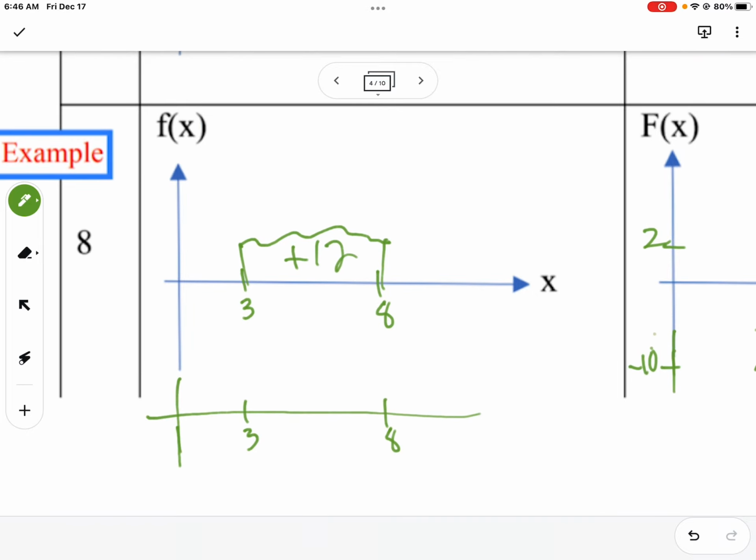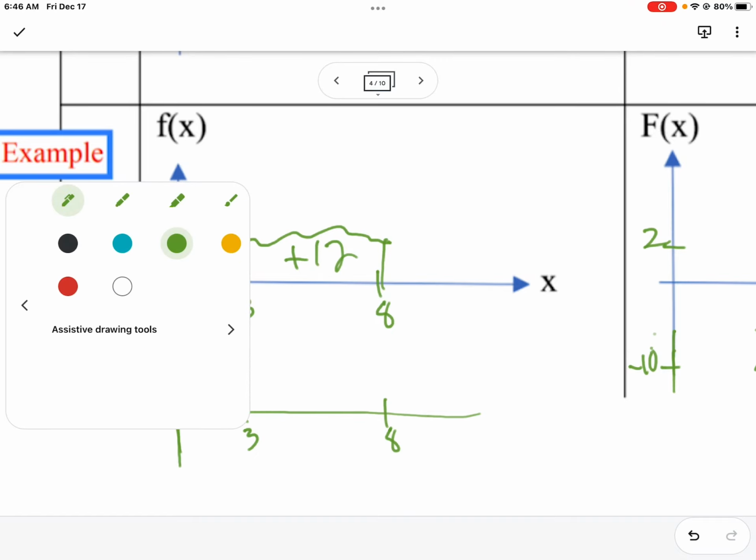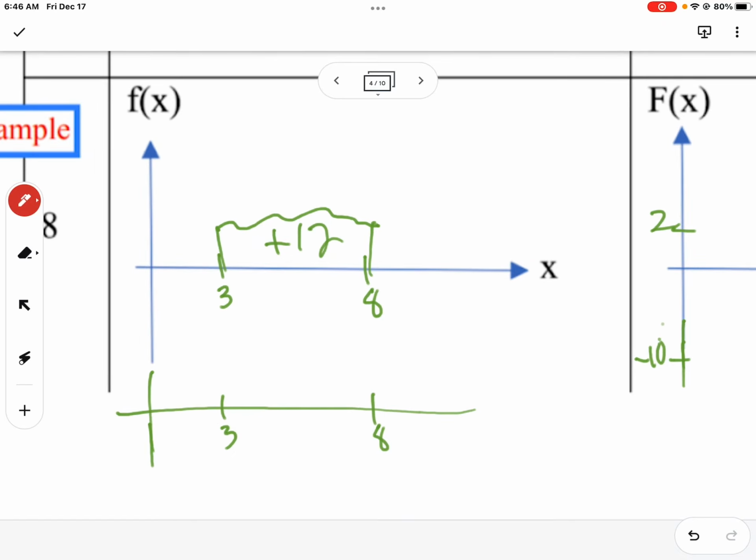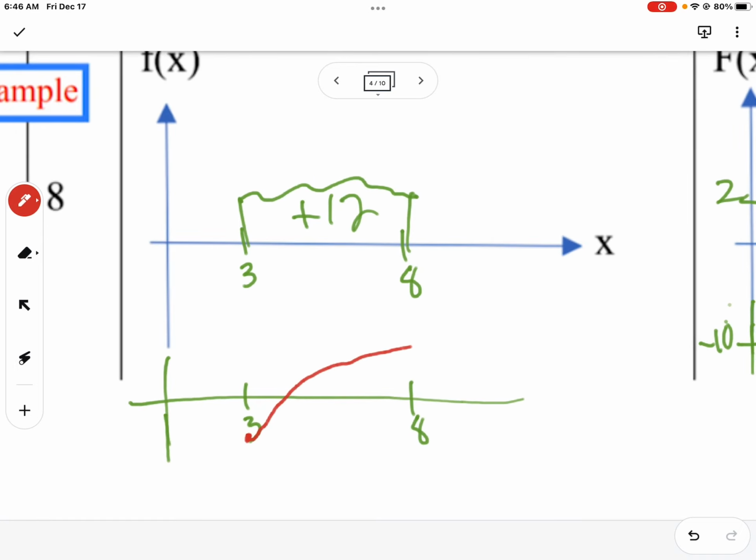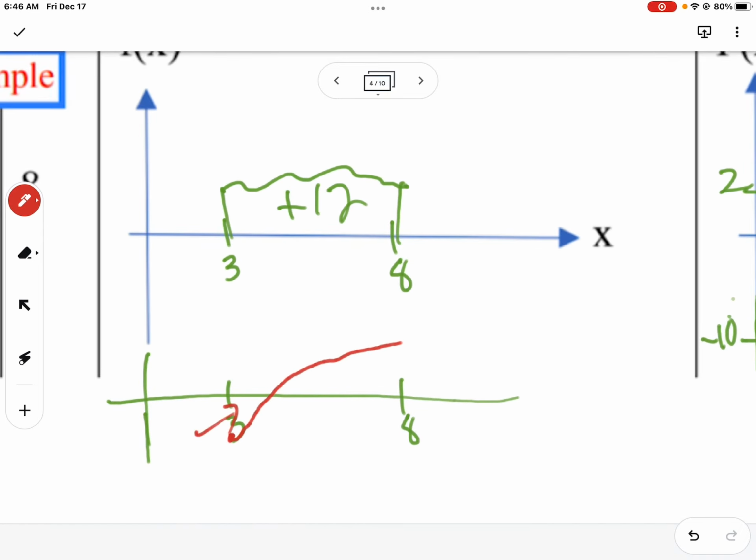And this is the part that makes this question kind of challenging. It could be something like this as well. I could start here and go like that, in which case this area here would be, say, negative 2, and then this area here would have to be 14, because 14 plus negative 2 is 12.